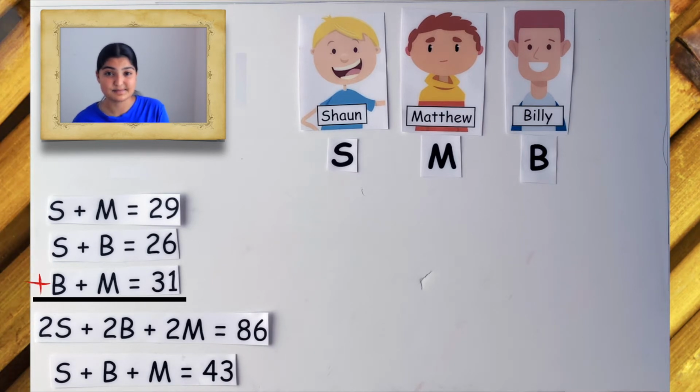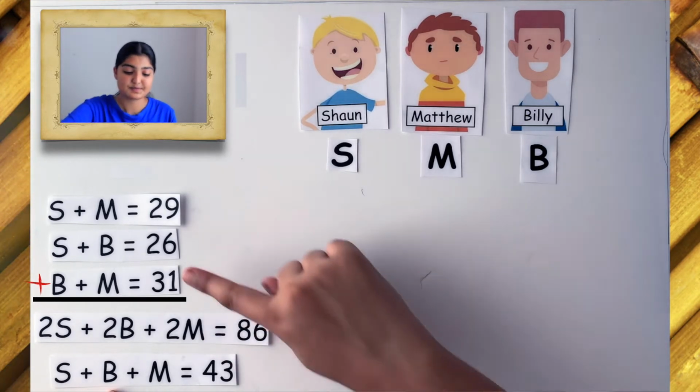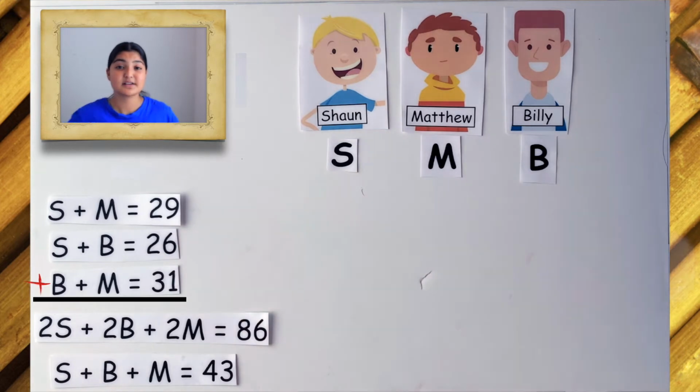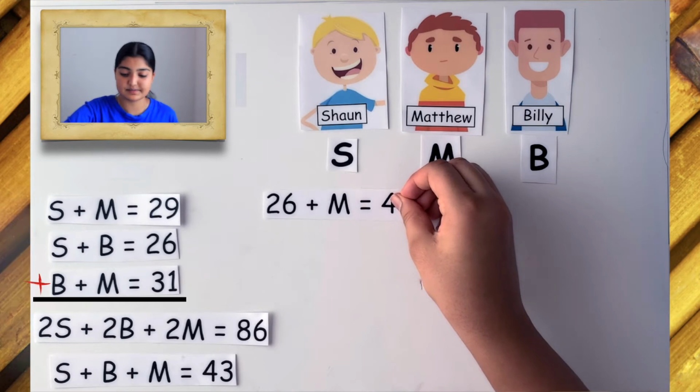For instance, we know the value of s plus b. The value of s plus b is 26. So, instead of writing s plus b, we can simply write 26, like this.